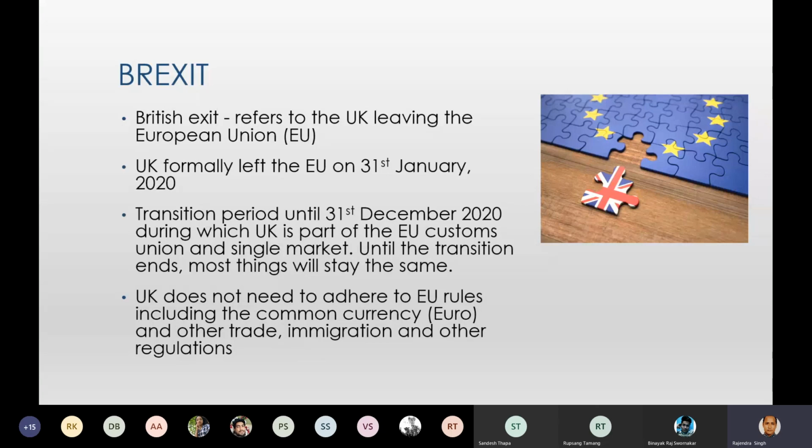So there are three possible scenarios going forward for the UK, regarding the relationship between the UK and EU. That's basically Brexit for you guys: British exit, or the UK exiting the European Union. That's pretty much what I have for you guys about getting to know the United Kingdom.